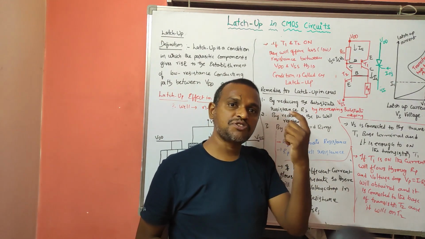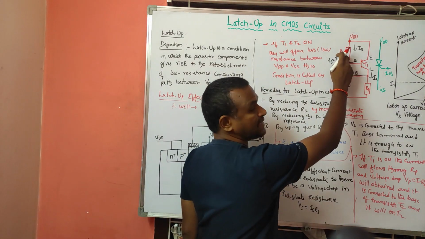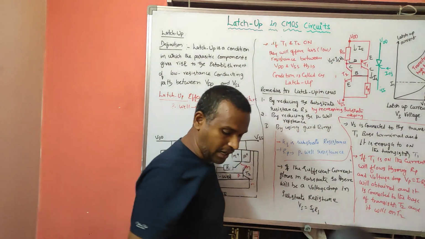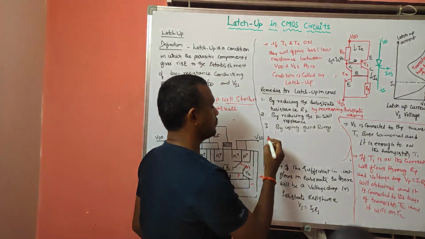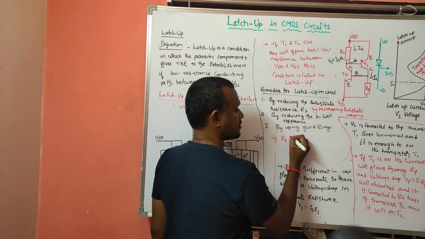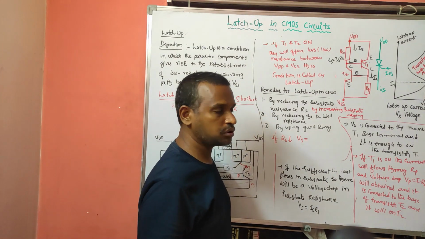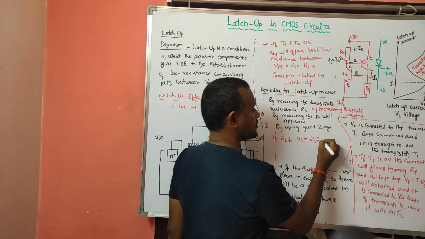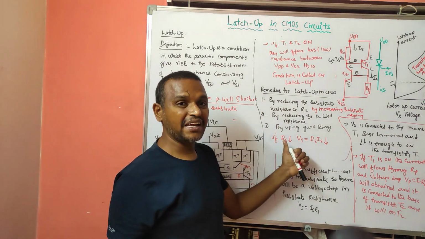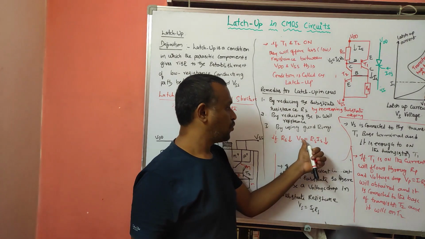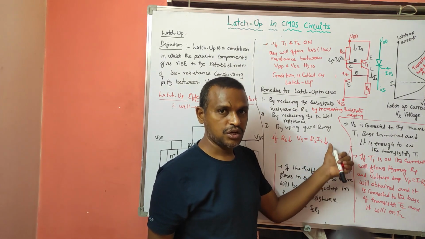Even though sufficient current flows through the substrate, if RS is less, what happens to Vs, the substrate voltage drop? Vs is equal to RS into Is, the substrate current. So if RS is reduced, the voltage drop across the substrate resistance will decrease.